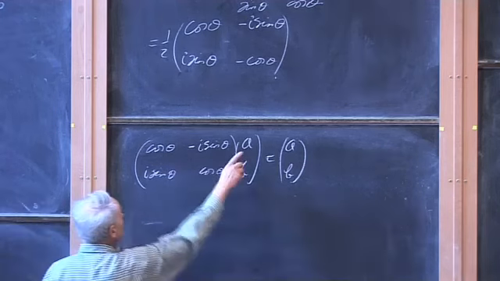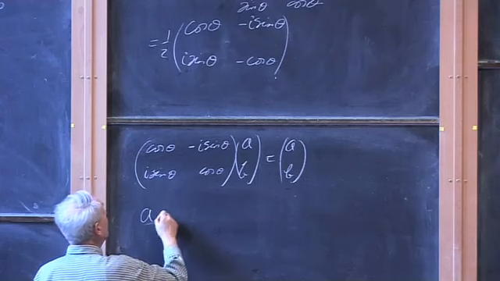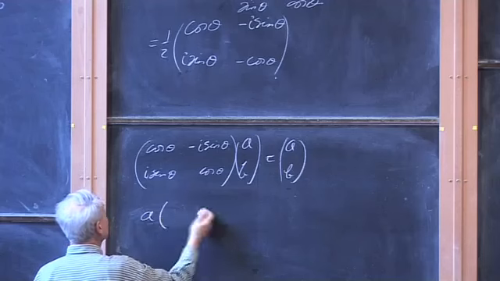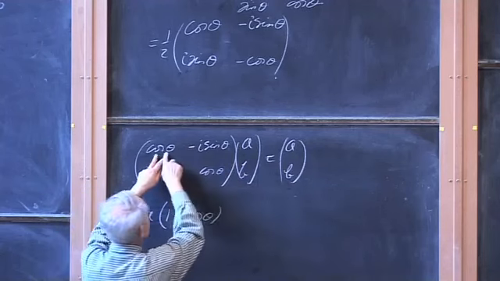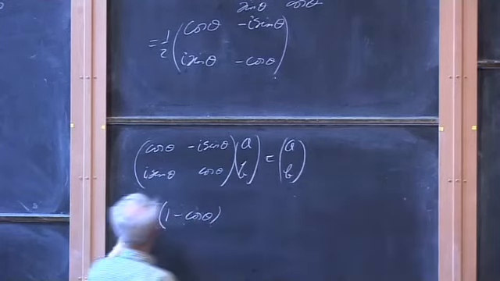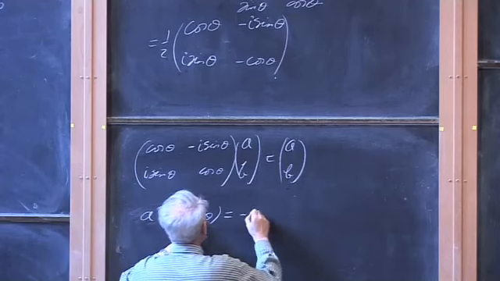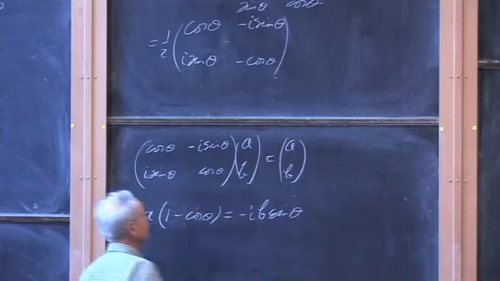So we merely need to look at the top equation, and it says that A cos theta minus i B sine theta equals A on the right-hand side. So A times brackets 1 minus cos theta is equal to minus i B sine theta.